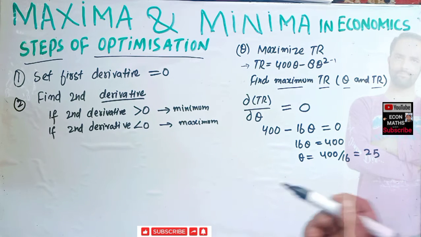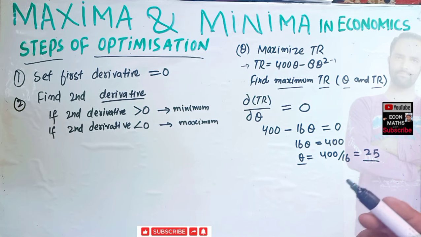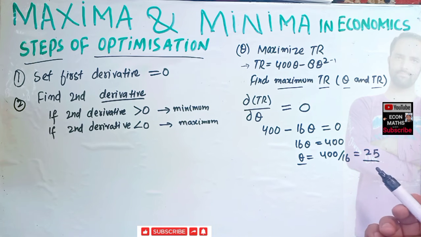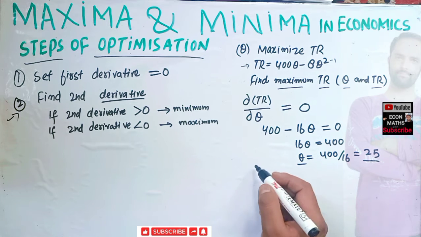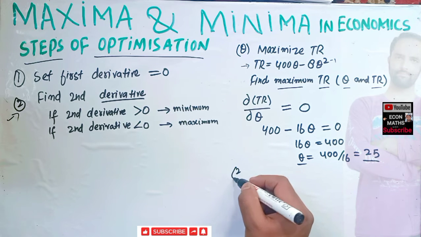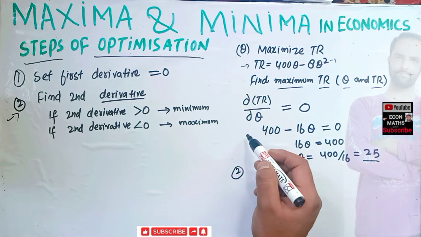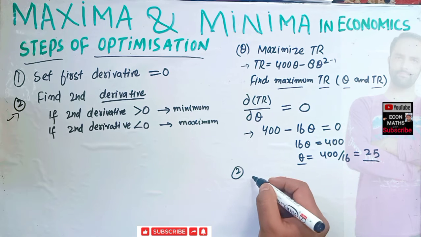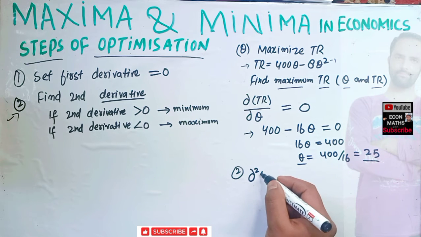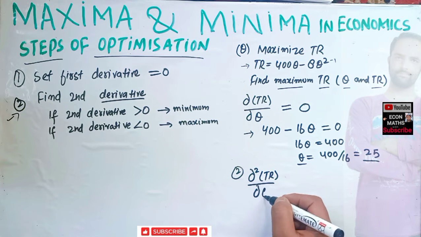So we got the value of Q is equal to 25. Now to check whether it is actually maximum or not, we need to find out the second derivative. So second step is to find second derivative. This is our first derivative, then second derivative is d square of total revenue upon dQ square.